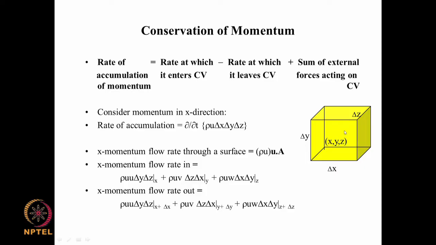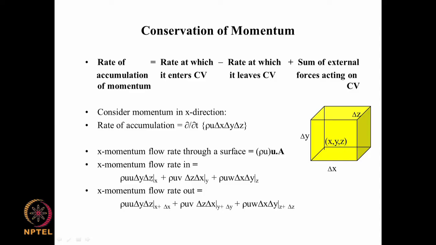Since we are looking at changes here, we identify all these things at the midpoint of that particular face. So, through the back face, the velocity in the x direction at the center of the back face, the density at the center of the back face, and the w component at the back face, all go together in making up the amount of momentum flow rate that is coming in.